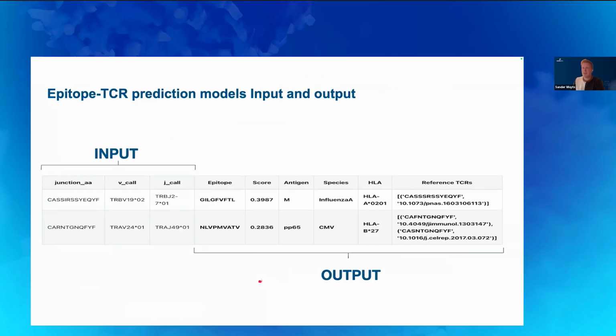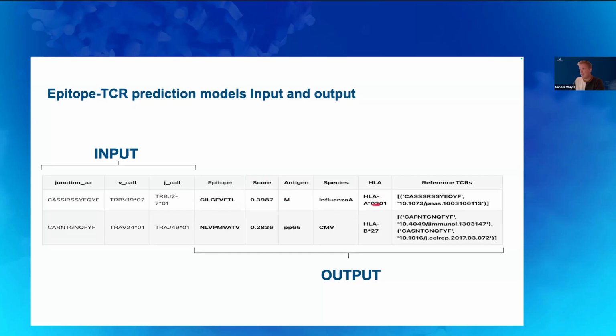Even more in practice, it looks like this. The input is usually your clonotype file, which is a collection of your CDR3 sequences, which we call junction AA here, a V gene call, and a J gene call. What we then add with a tool like ImmuneWatch DETECT is the epitopes that we believe this specific TCR or clonotype might bind to, a score, the antigen that is related, where this epitope has been derived from, the species, and the HLA type that this epitope is usually presented in.